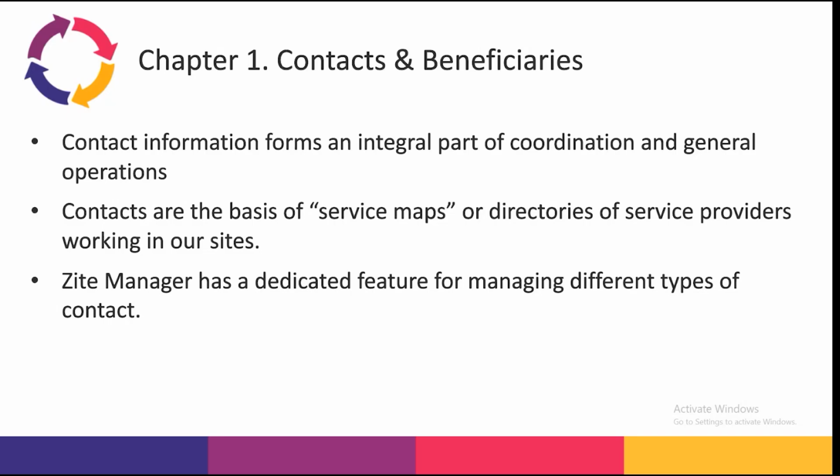For that reason, they serve the basis of service maps, or essentially directories of service providers working in sites. But they don't only have that function. A service provider might be one type of contact in a site, but you might also have many different types of contacts in a site. And so Zeit Manager has a specific feature for managing different types of contacts.